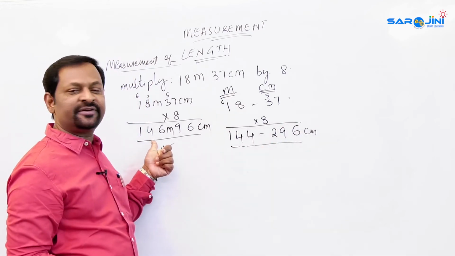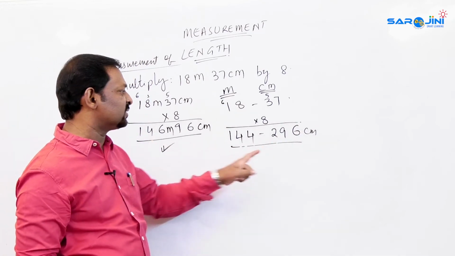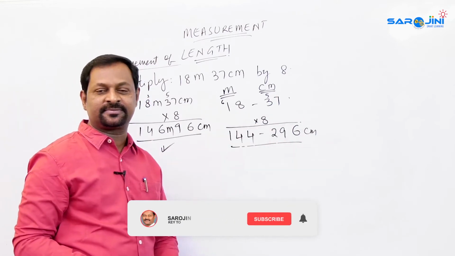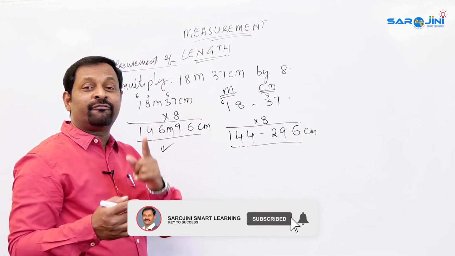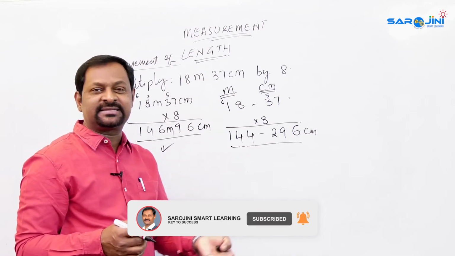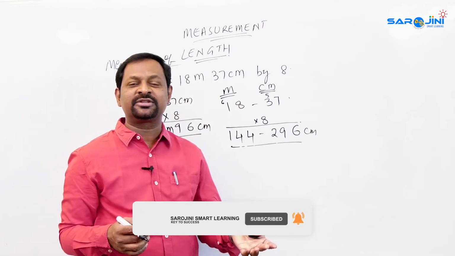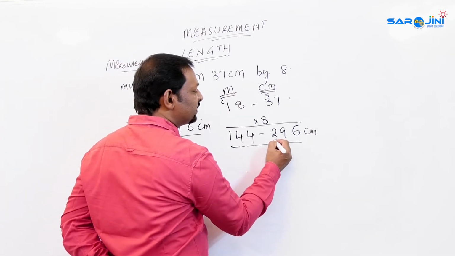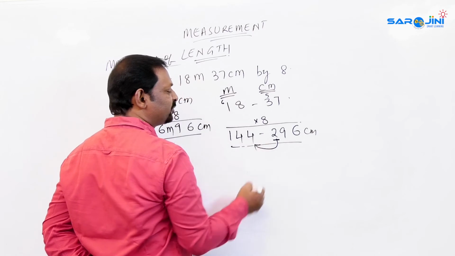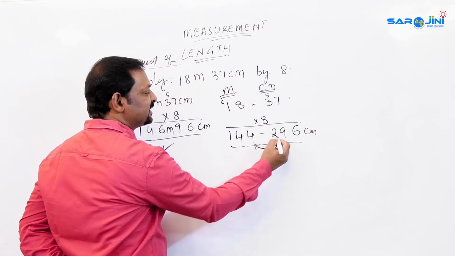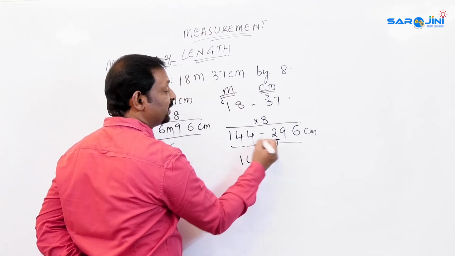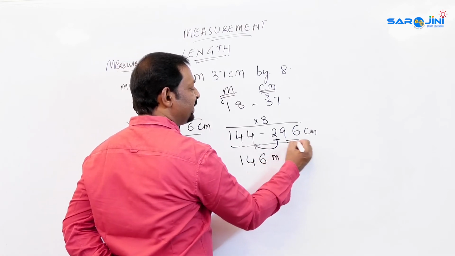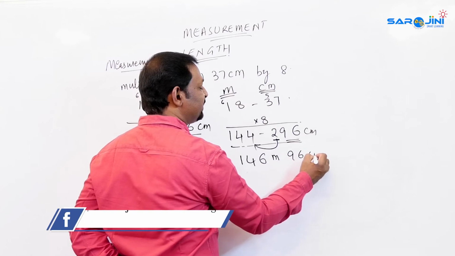But here we got a different answer. Why? Because just check how many centimeters are there, 296. But 1 meter is equal to 100 centimeters. So 200 centimeters is equal to 2 meters. These 2 meters will add up to the main meters. That is 144 plus 2 is 146 meters, and the remaining is 96 centimeters.